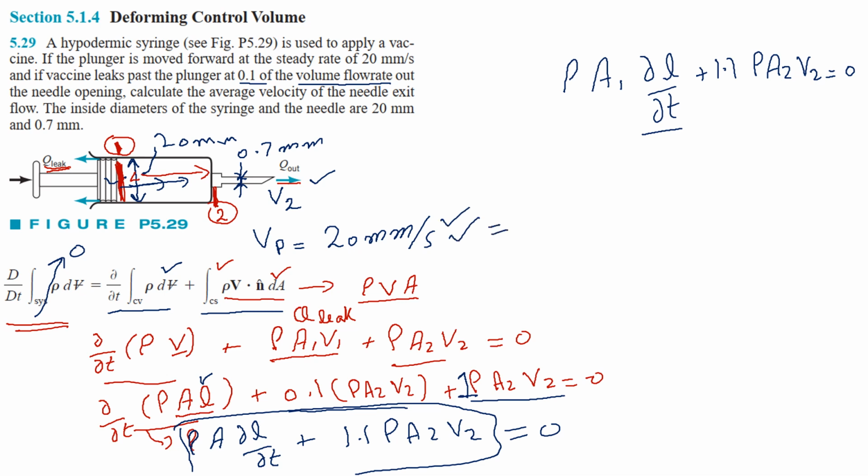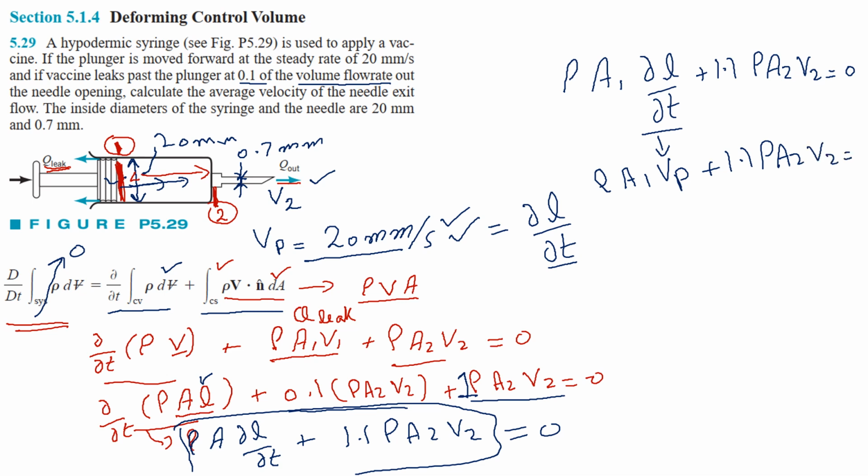This is actually the velocity of my plunger, that is equal to partial L over partial T, because this is change in length over change in time. So this is what velocity is equal to, and this will be my plunger's velocity, that is moving at 20 millimeter per second. So when this length changes with respect to time, it is giving us the velocity of the plunger. So this is what we are going to replace this term with, that is rho A1 velocity of the plunger will now be put here, plus 1.1 rho A2 V2 is equal to 0.